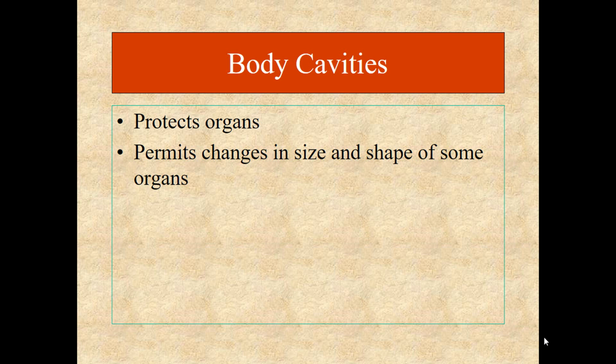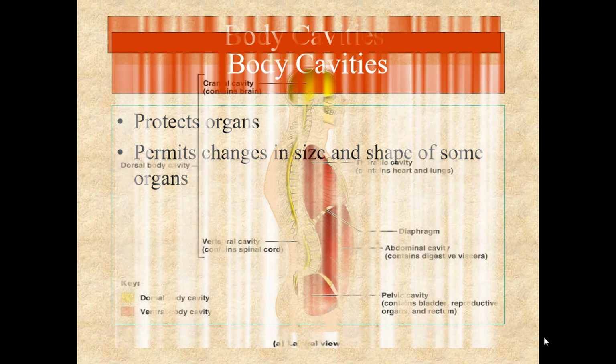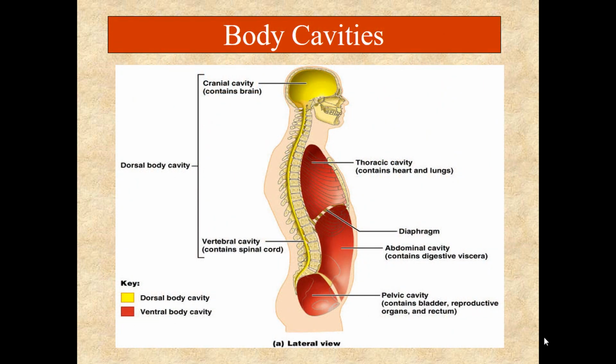So these body cavities are divided, and we're going to go over these divisions. What we have is a dorsal body cavity, which is subdivided into a cranial cavity for the brain and a vertebral cavity for the spinal cord. And then we have this ventral body cavity, and as you see, it is going to be subdivided.